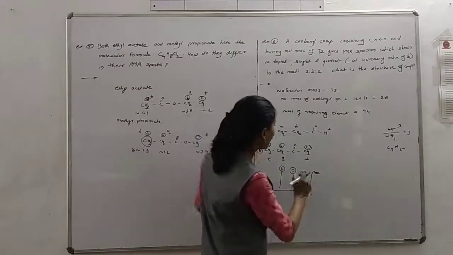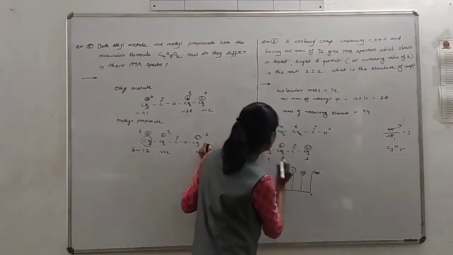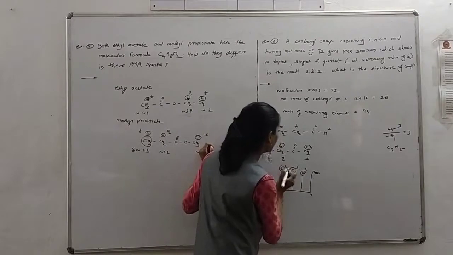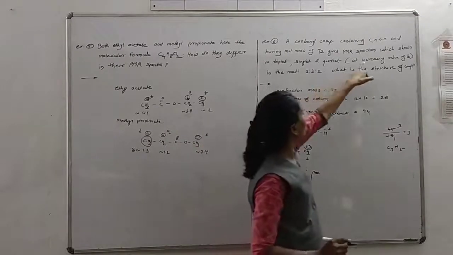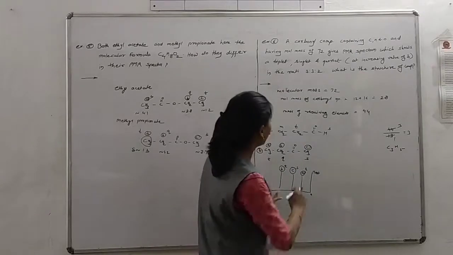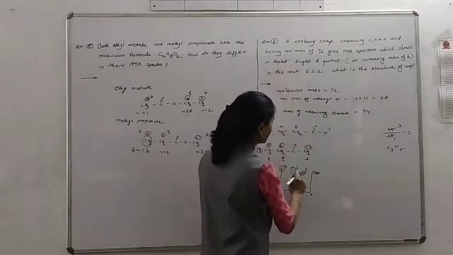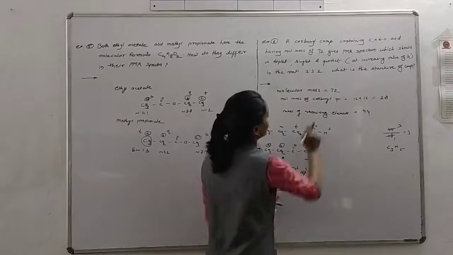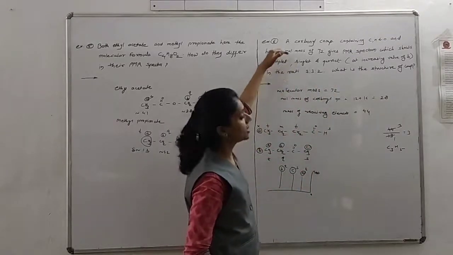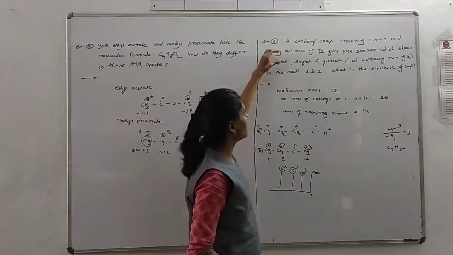That means A gives the triplet, C gives the singlet, and B gives the quartet. And what they said, at increasing value of delta, is triplet, singlet, quartet. Okay. So these match with the given data.